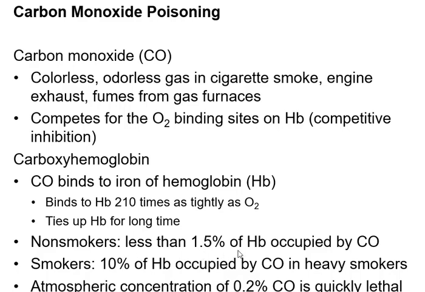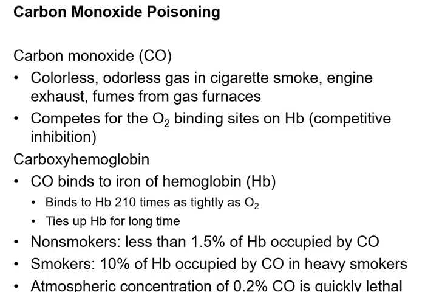And for people who don't smoke, less than 1.5% of all of their hemoglobin is tied up with carbon monoxide. So you're going to get carbon monoxide. If you're out in your car and you're sitting behind another car that's idling at a stoplight, you're going to get a nose full of carbon monoxide. So we're exposed to it all the time. But people who smoke can get up to 10%.